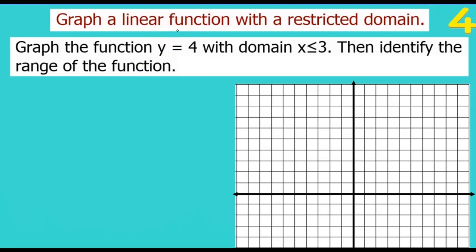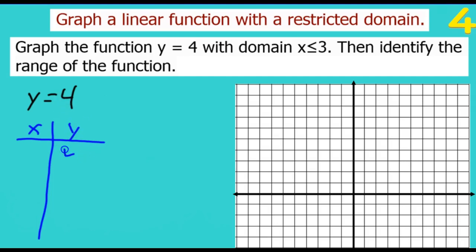Alright, now last one. We're going to graph another linear function with a restricted domain. This time our function is y equals 4. So if we have y equals 4, we have to draw just a single little table. We don't have an equation, so all we need is x and y. We know that y equals 4.